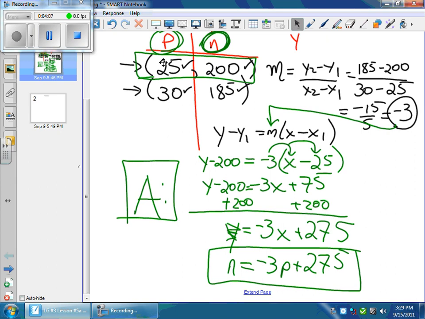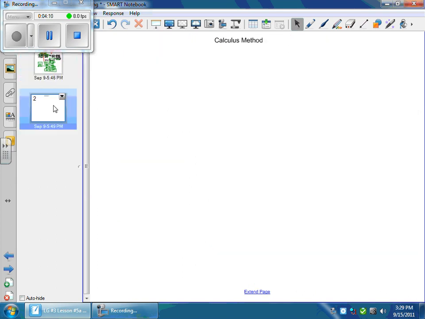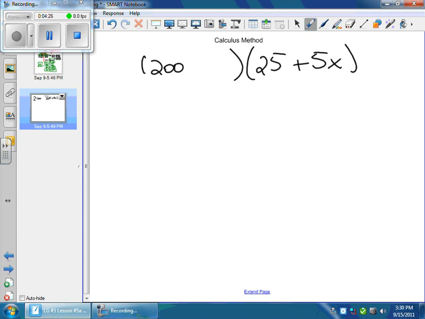Now, let's go and take a look at the calculus method of doing this. Same kind of idea where you're given 200 tickets. Every time you get an increase of $5 on the price, for every single increase, this goes down by 15 tickets. So the X's indicate the number of increases that you make.